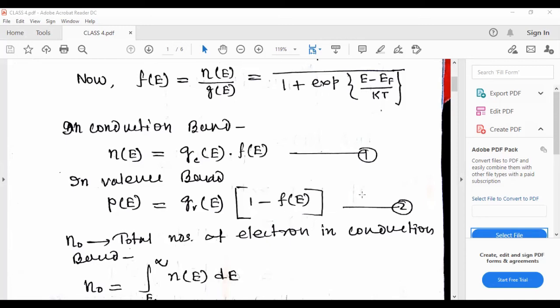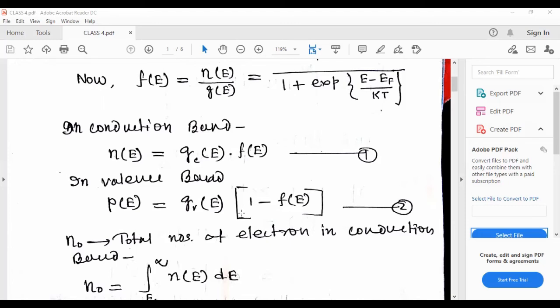When one electron moves from the valence band to the conduction band, it leaves one hole in the valence band. So the probability of finding a hole is the complement of the probability of finding an electron. So it is 1 minus f of E. If f of E is the probability of finding an electron, then 1 minus f of E is the probability of finding holes in the valence band. The total probability is 1, because 1 minus f of E plus f of E is 1. This is equation number 2.